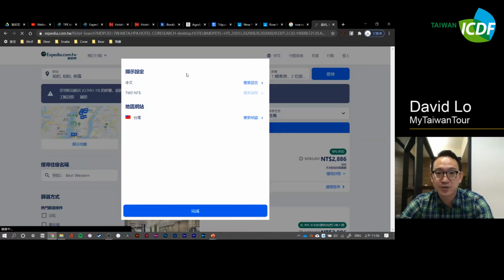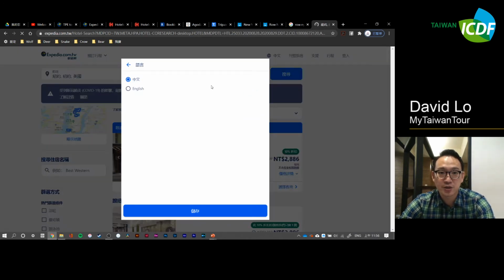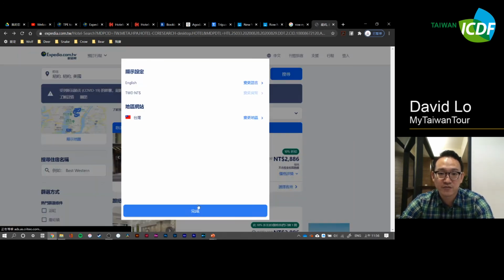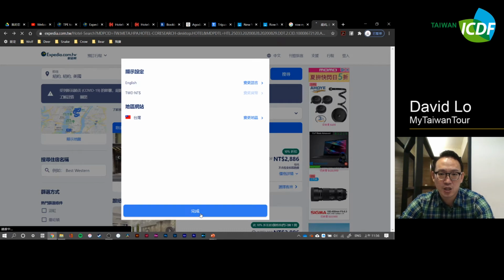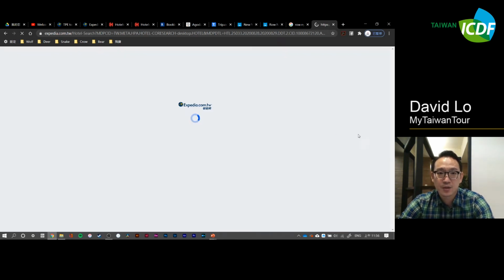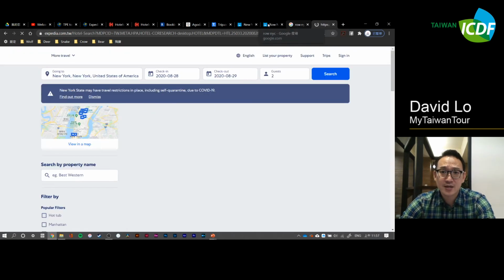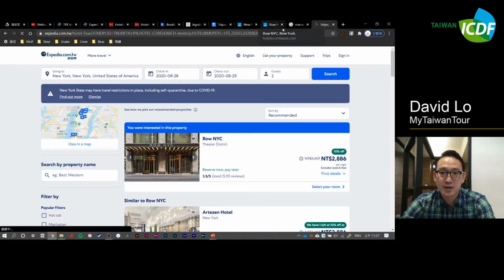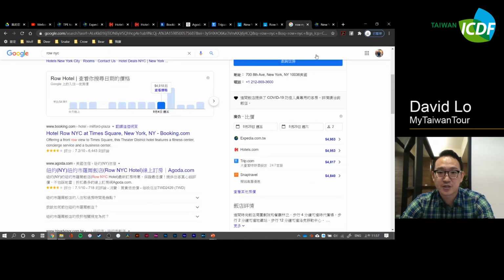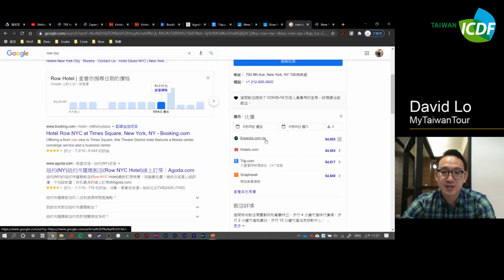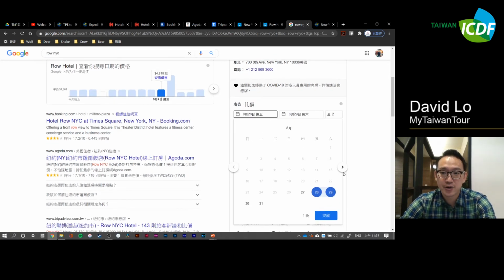Because I'm in Taiwan, it generates Chinese directly, so I changed to English to make it easier for you to understand. So like Hotels Combined or Kayak, it serves the same purpose as a meta search for you to compare the price online.